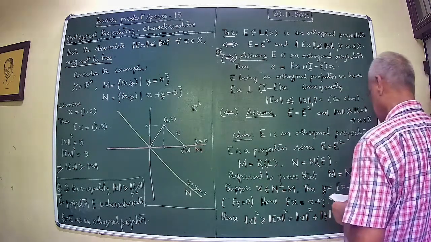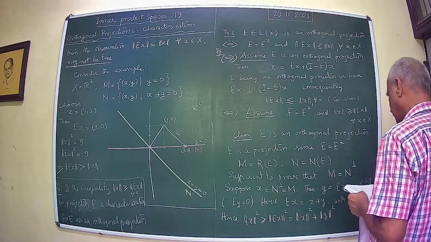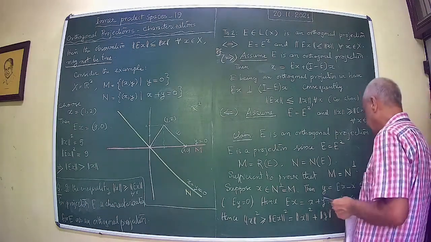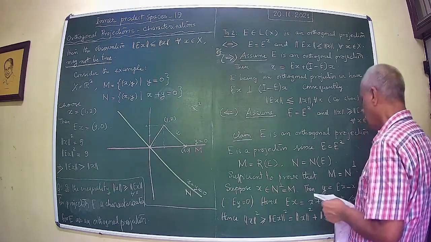Okay, and this is clearly greater than or equal to norm of x square. What does this mean?